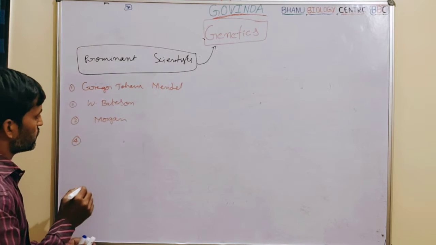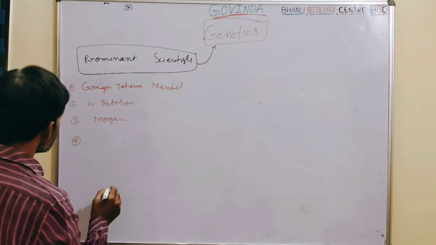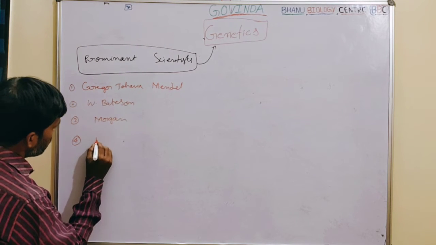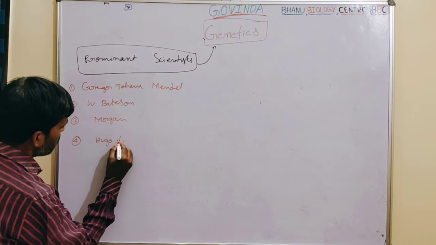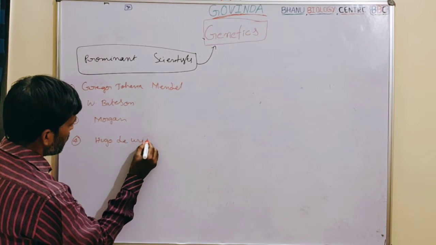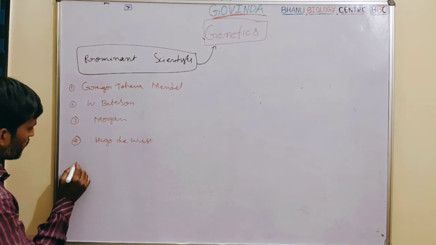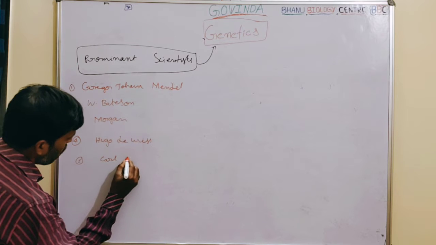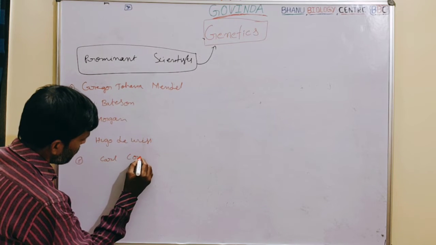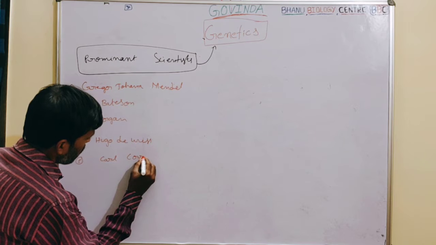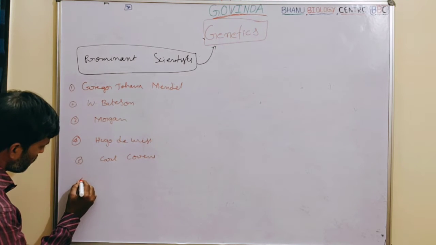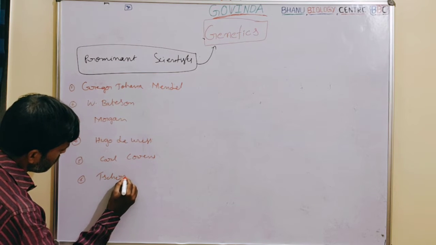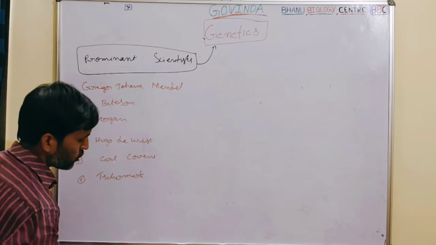The fourth person is Hugo de Vries. The fifth person is Correns. The sixth person is Tschermak.